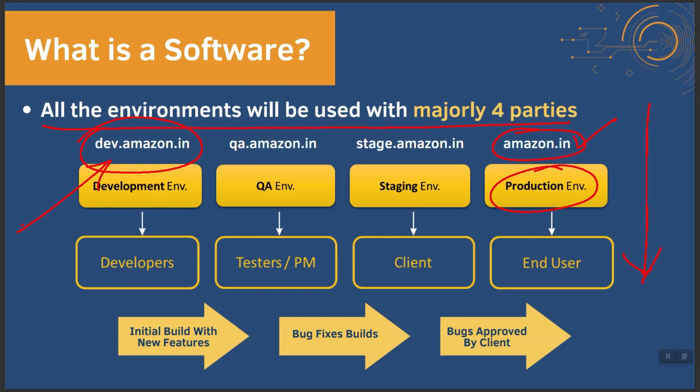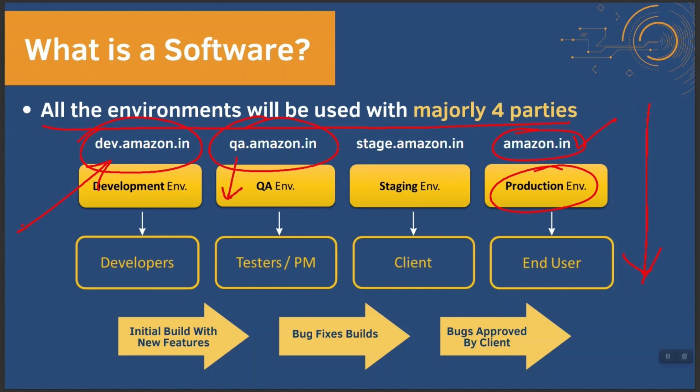Similarly, the QA environment will be identified as qa.amazon.in, or might not be identified that way, but there will be a different URL given to the QA team where all the new advancements will be tested, and the test execution is only going to happen rigorously on this particular URL.